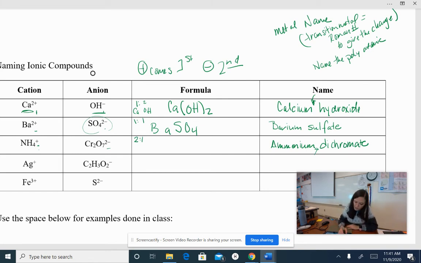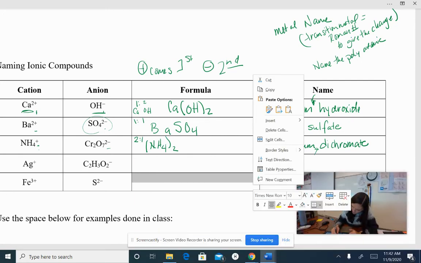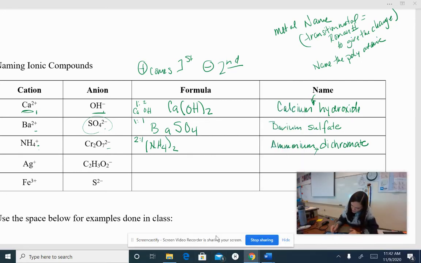Okay? So I needed 2 ammoniums. To multiply a polyatomic, I need to put parentheses around it and then the subscript of how much I needed to multiply it by, which was 2. Then I only needed 1 dichromate, so I am going to put just 1 dichromate down.